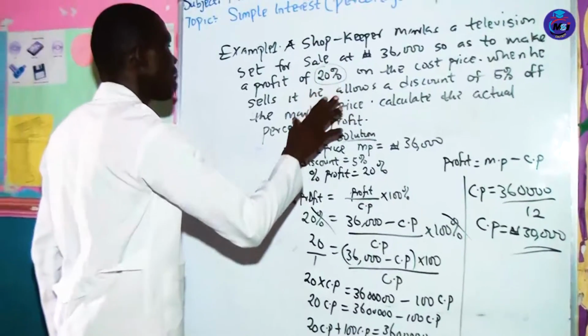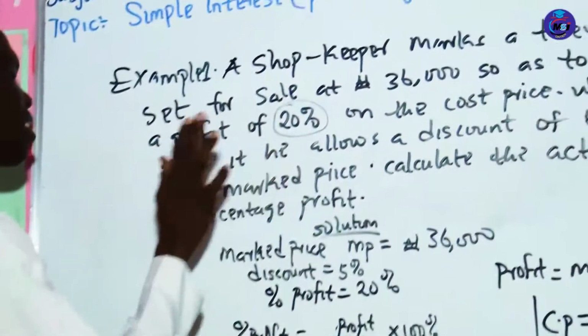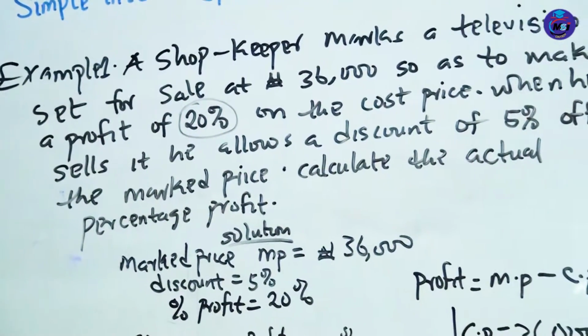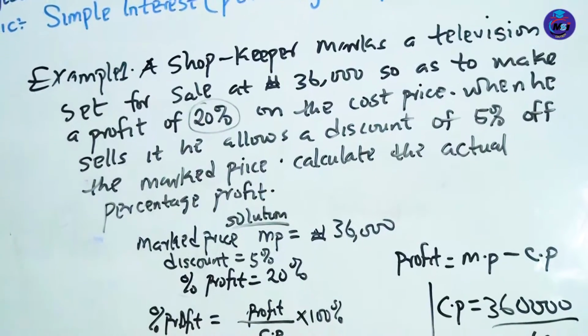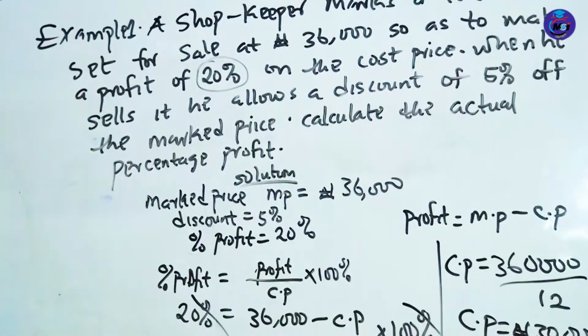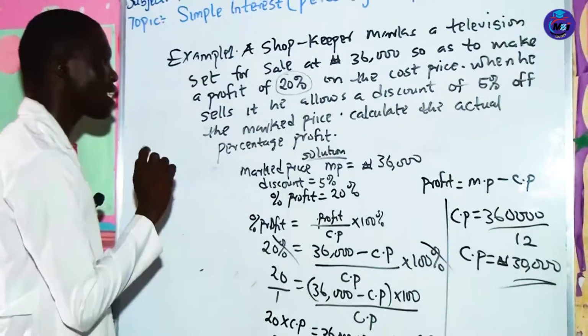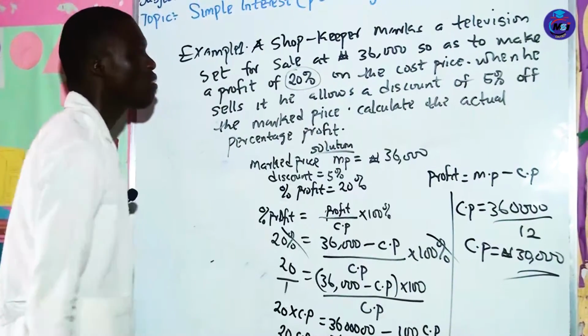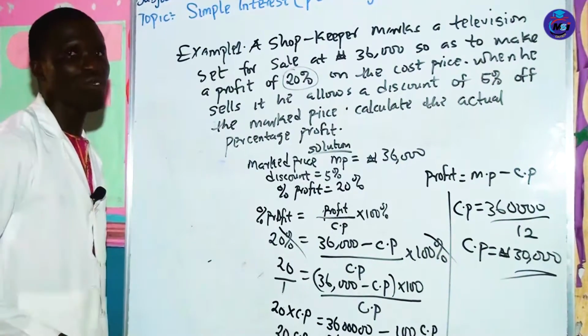Now the question is, calculate the actual percentage profit. So what we want to find now is the discount. The discount is given to us as 5%. So let's move on.